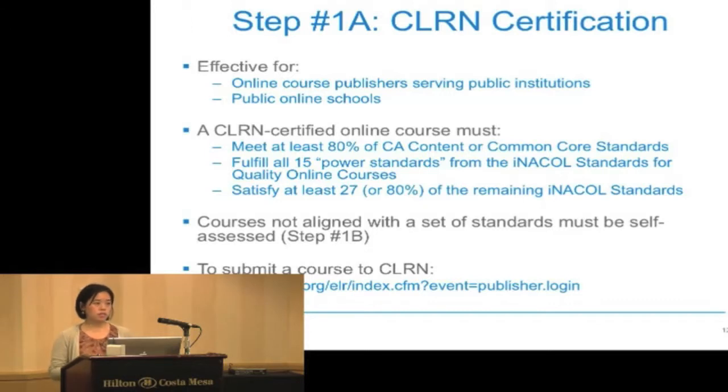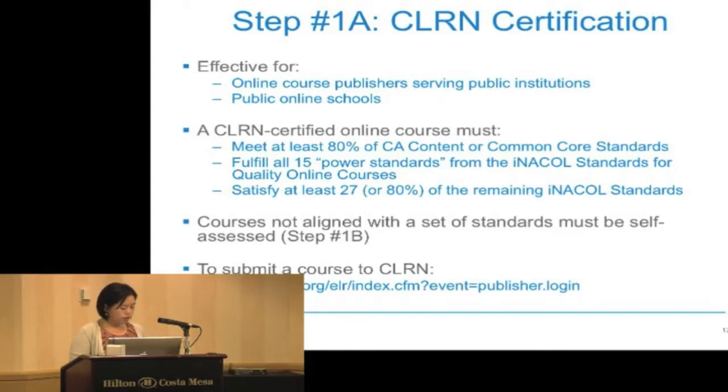And these power standards, I'm not going to go into detail about what they are exactly, but I will say that they are 15 standards taken from the total 52 that the UC faculty have identified as being necessary for all online courses that would be eligible for A to G review. And then they do cut across all of the 5 categories covered by the INACOL standards. And then third of all, the course must be satisfying at least 27 or 80% of the remaining INACOL standards.